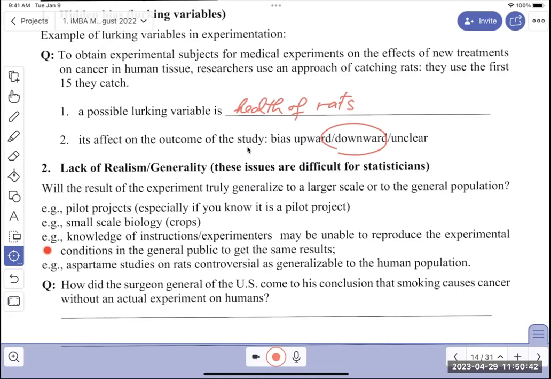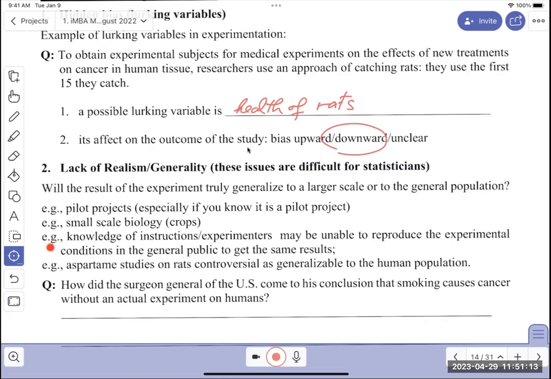another challenge is that during an experiment, the experiment is being carried out with the instructions from and the routine monitoring of the scientific staff, right? The research staff. What happens if you remove them? Things may just not look in the real world like they did in experimental conditions.